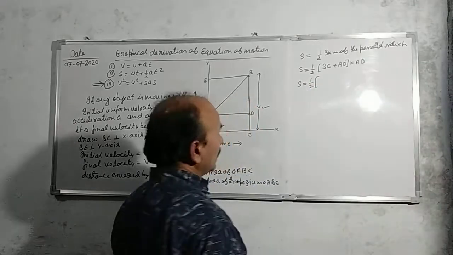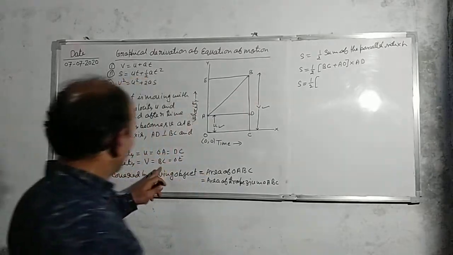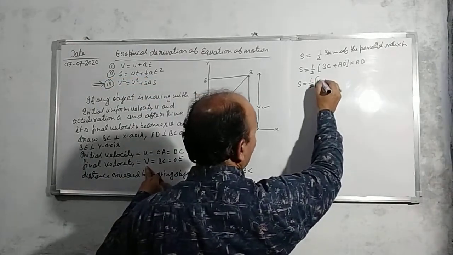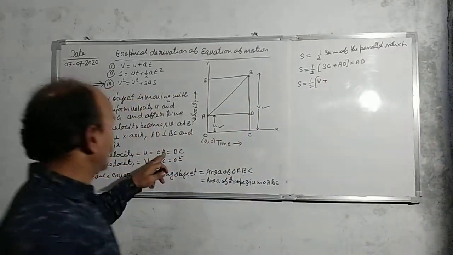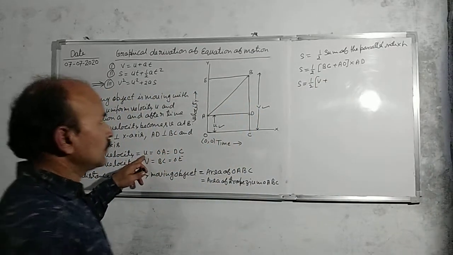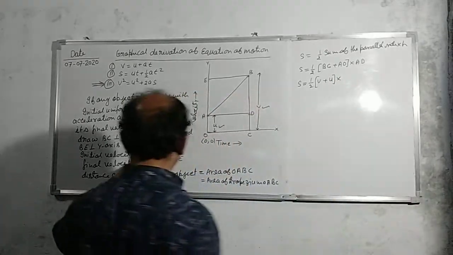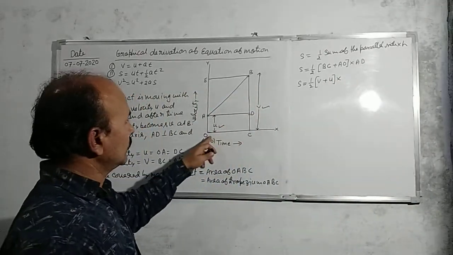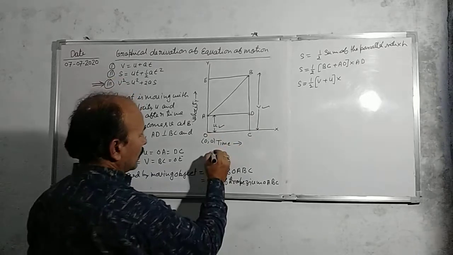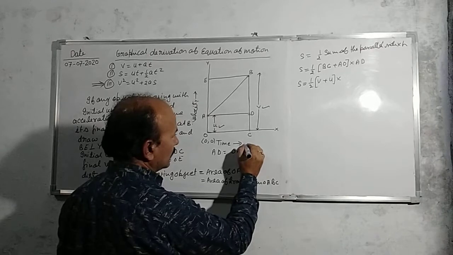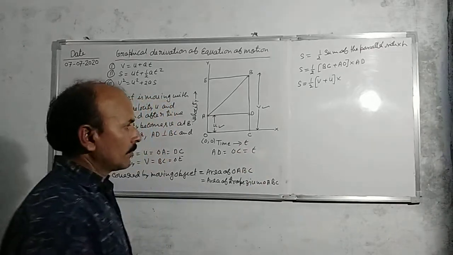Now put the values of BC, AO and AD. BC is equal to v, so put v plus AO or OA, that is u, and AD. AD is equal to OC is equal to t, which is represented by time.